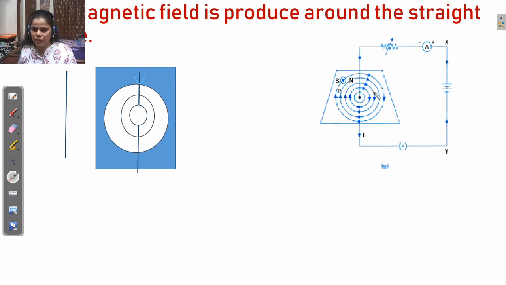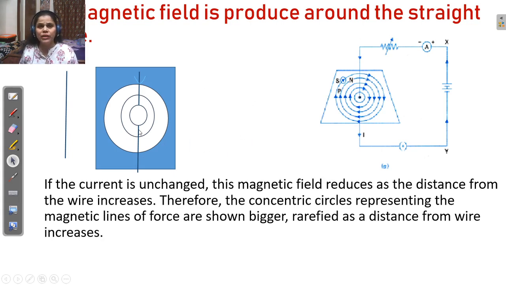You can see this picture. When the current flows through this wire, the magnetic field is produced, and its shape is circles around the conducting wire. Next information: if the current is unchanged, for example 1 ampere, then the magnetic field reduces as the distance from the wire increases.